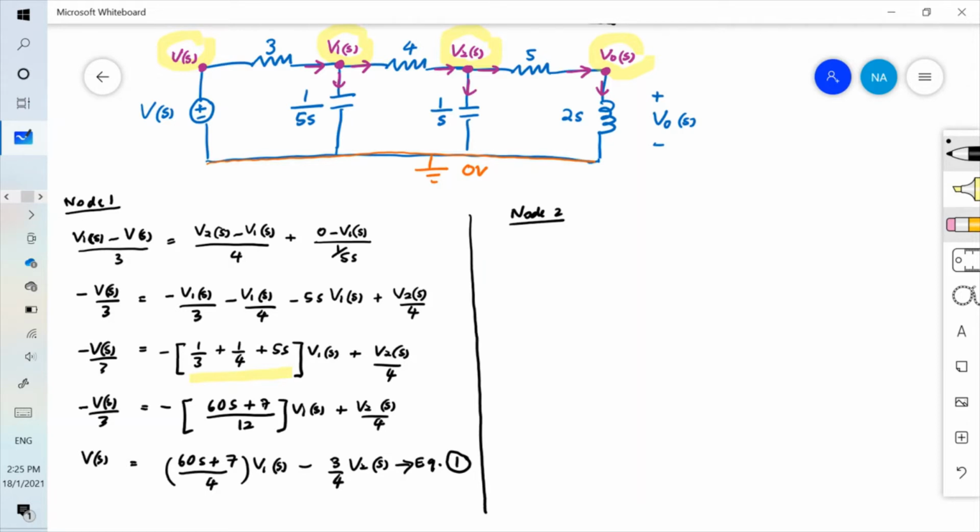1 current in, 2 current out. So current in, current out.